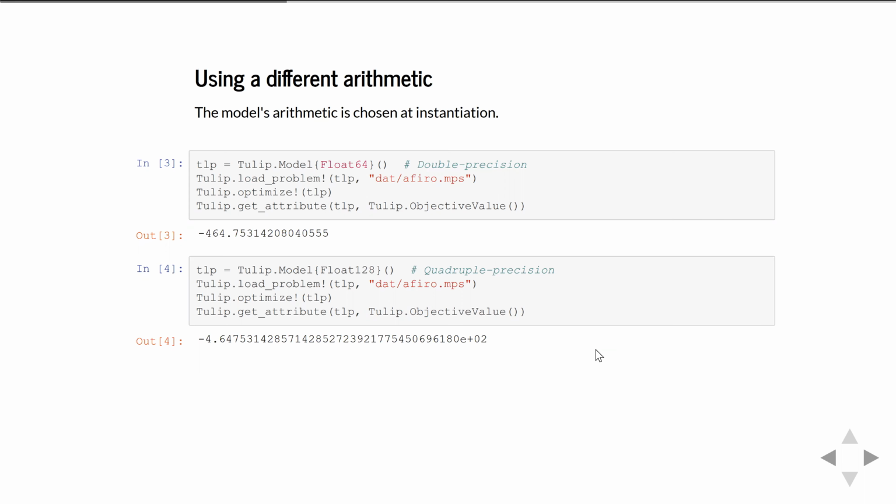Of course, it's much slower to do quad precision than double precision. But if for some reason you have this one problem where you really want a very accurate solution, that's something you can do. And it's going to be essentially convenient to do that within the existing framework of Tulip.